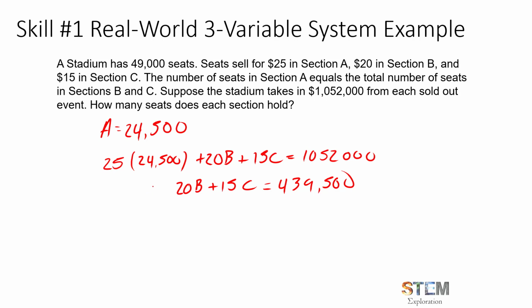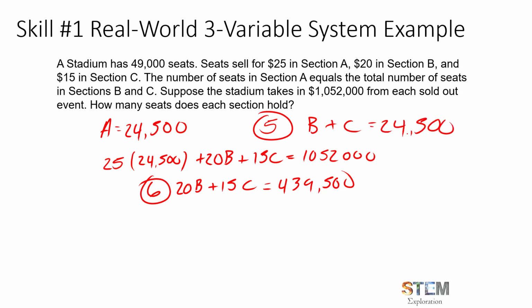And I'm going to set this now as my new equation, equation 6. Because technically B plus C should also equal 24,500, which we had from before. Okay, so if we say that equation 5, for example, from our previous data, is that B plus C is equal to 24,500, what I'm going to do is try to eliminate one of these two variables in question.